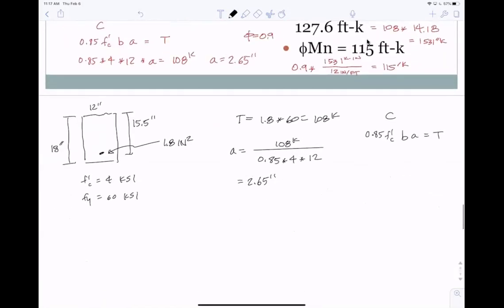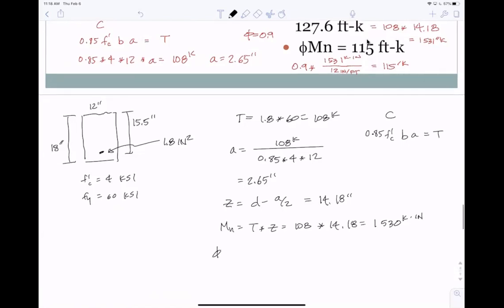Okay, z is d minus a over 2. 15.5, 2.65 divided by 2. Subtract that, 14.18. And Mn is just T times z. 1,530. I'm rounding. I think it's 31 or something.